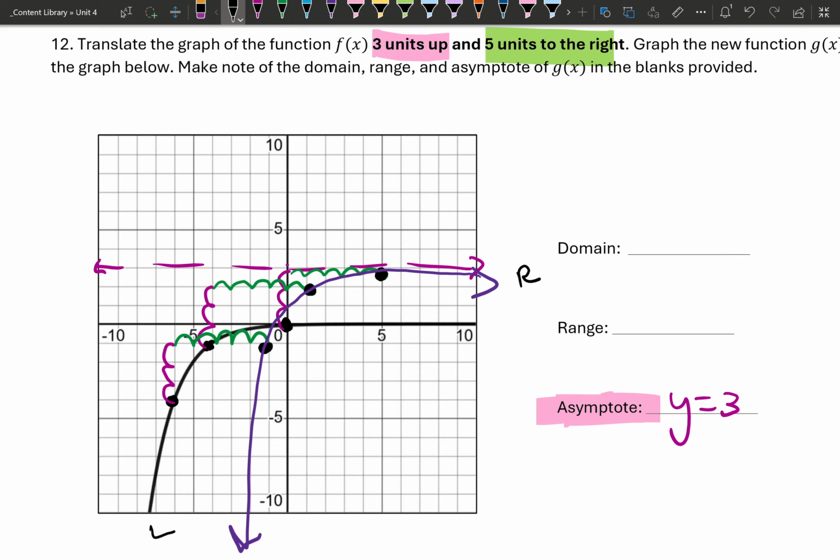Now I know it's pointing down, but if you imagine it, it's kind of going down to the left. It's just we don't have space. So if we're going all the way to the right and all the way to the left, we're doing all the positives and all the negatives. Our domain is all real numbers.